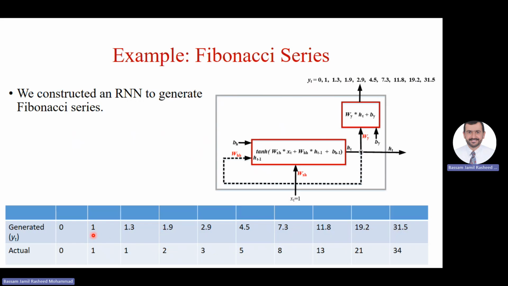So here's the output. It was capable of predicting the first output 1, and very close, 1.31, 1.9 and 2, 2.93 close, 4.57, and you can see it diverges slightly, but it was able to get numbers very close to the actual correct number.